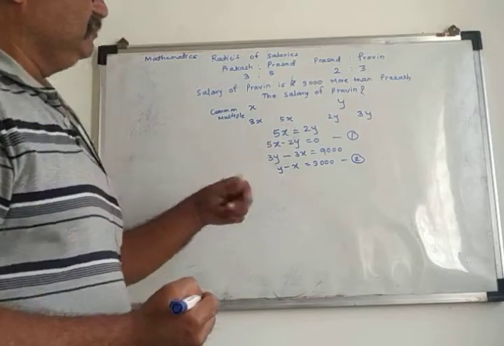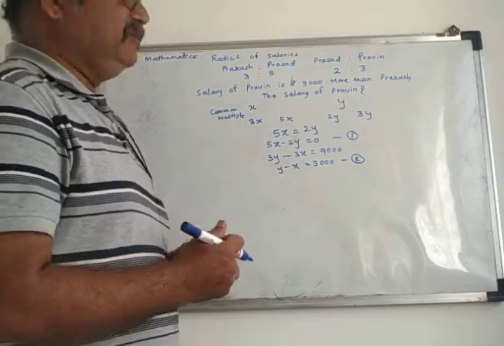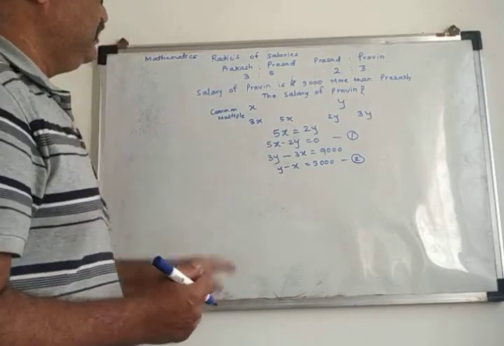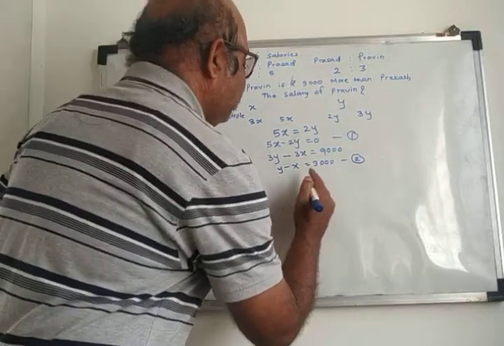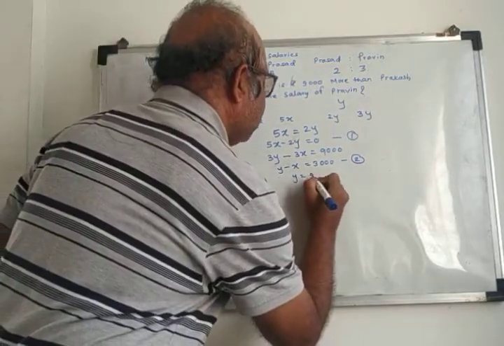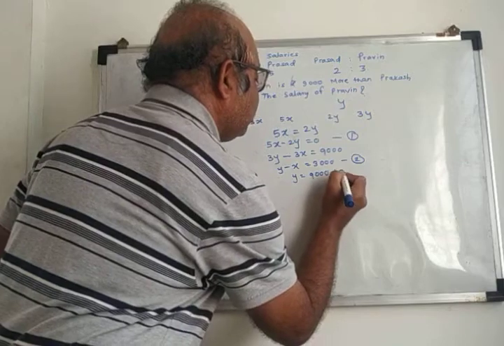There are two methods, but I will show you one very simple method, which you will also learn in your next standards, 9th and 10th. I will put this x here. Therefore y is equal to 3,000 plus x.